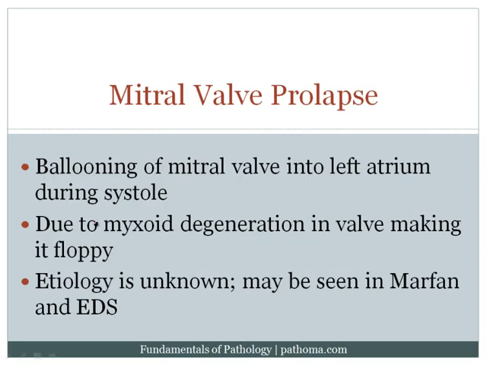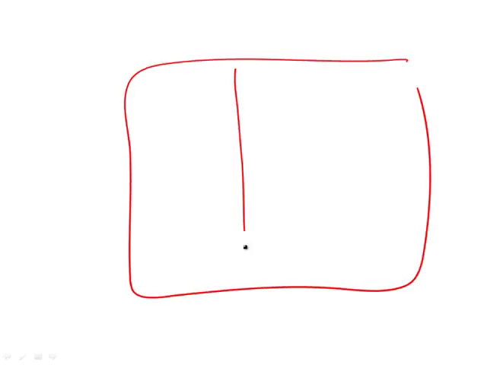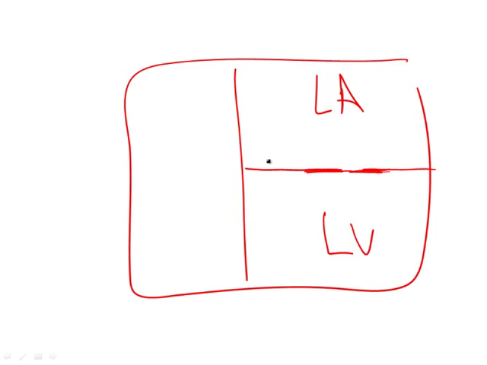Mitral valve prolapse is ballooning of the mitral valve into the left atrium during systole. Let's just briefly illustrate this. So here you've got the left atrium, and this is the left ventricle, and then you've got the mitral valve here. Now, this mitral valve is normally very tight, and so you can think of it sort of as a very firm kind of rubbery substance.